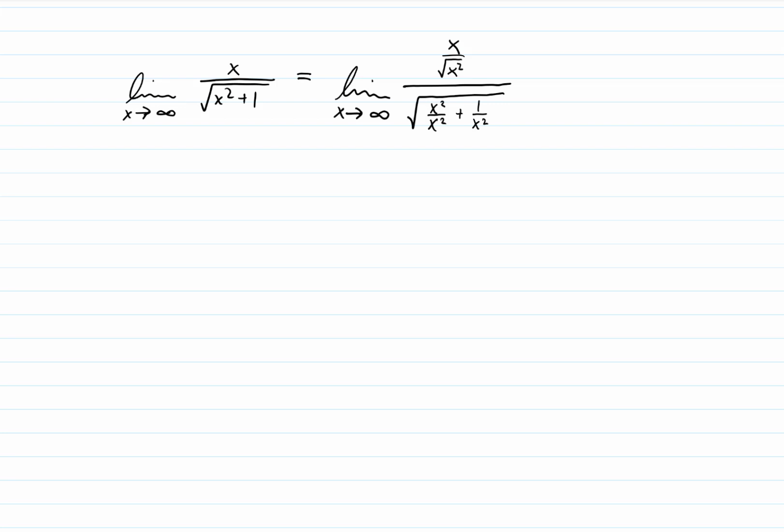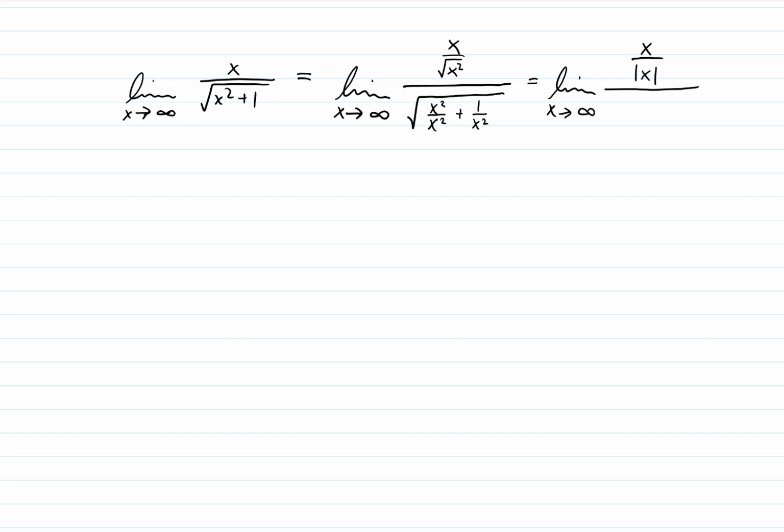Okay? And so that equals the limit as x goes to infinity of x over, and I'm going to ask you a question. What's the square root of x squared? It is not x. It is the absolute value of x.